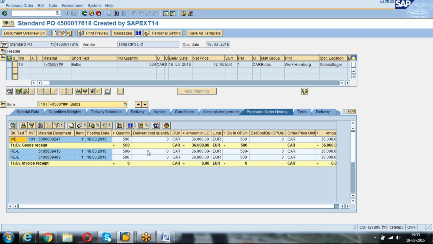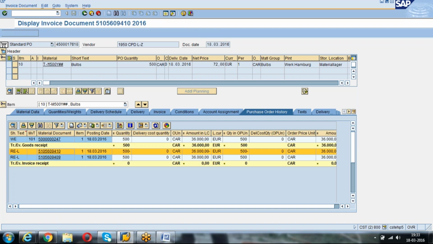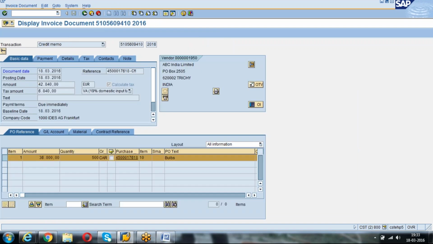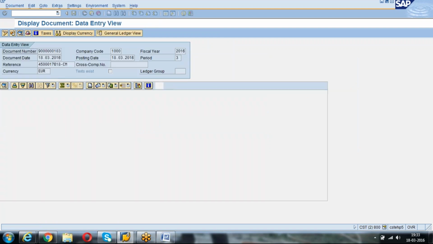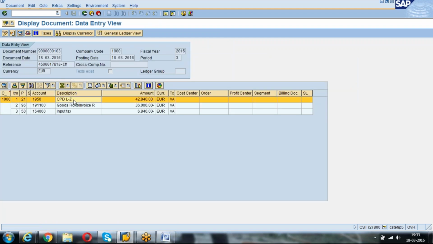See the purchase order history, you can see the 500 minus, because I have done invoice verification for the 36,000 and then done the credit memo. You can see the opposite entries for the credit memo. Vendor account is debit.